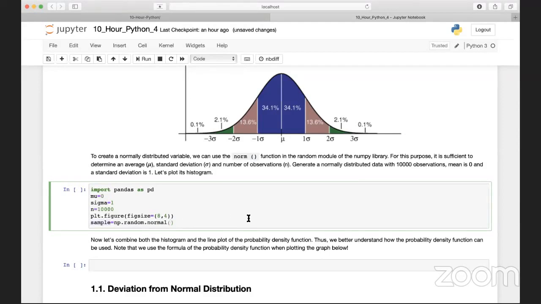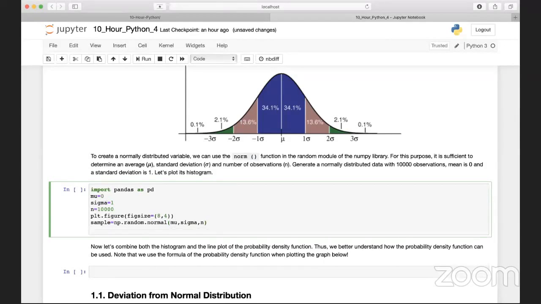Okay, I will define the normal distribution here. Mean is mu, which is given here, which is 0. Sigma is 1. You need to follow the order of the parameters here. Otherwise, you don't get an error, but you have something different. N is the number of observations.